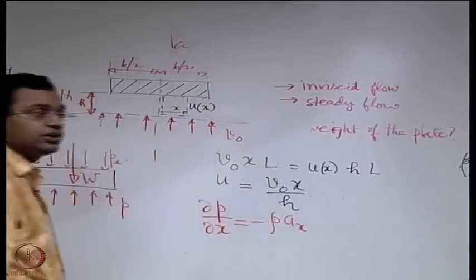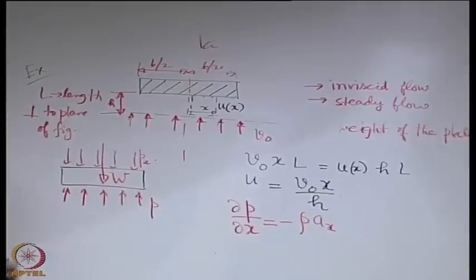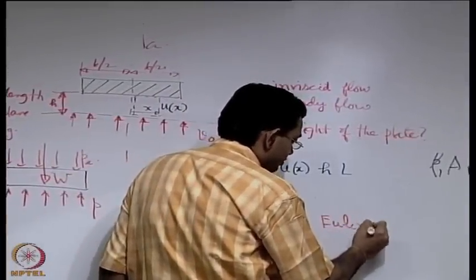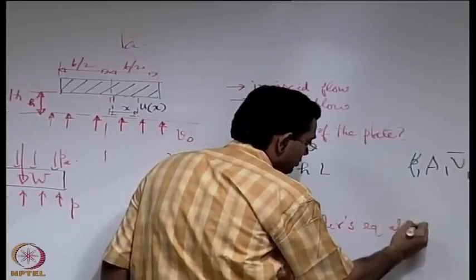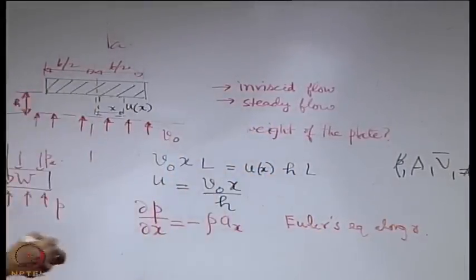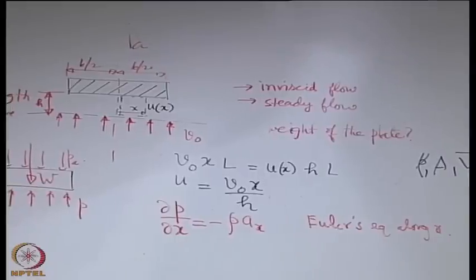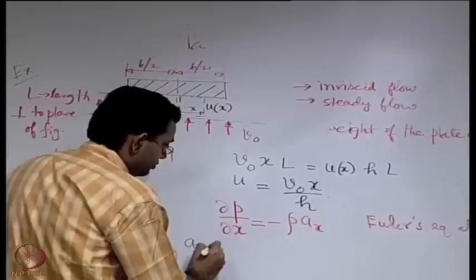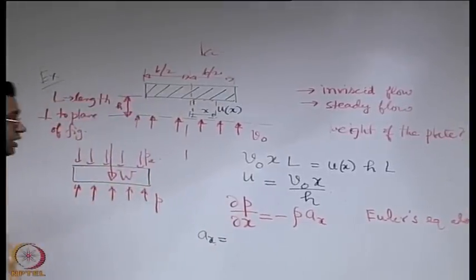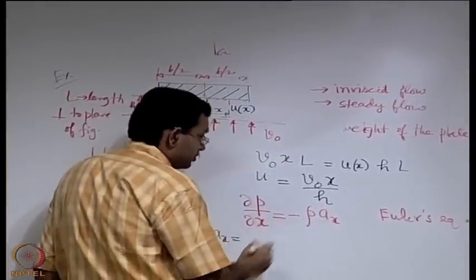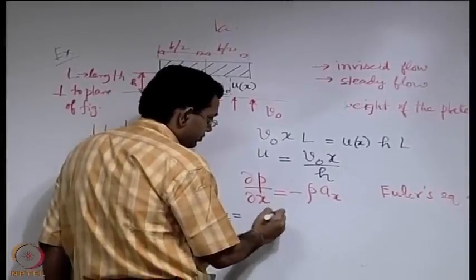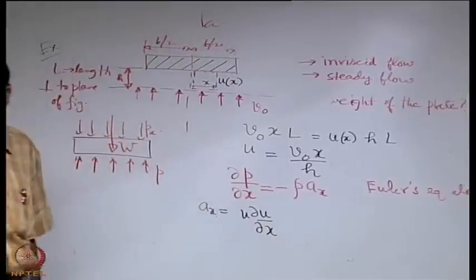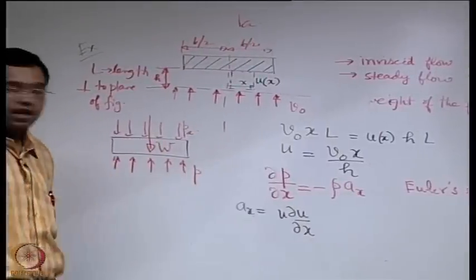That was Euler's equation along x. And acceleration along x: only one term will be there, the other terms will be 0 because u is a function of x only.